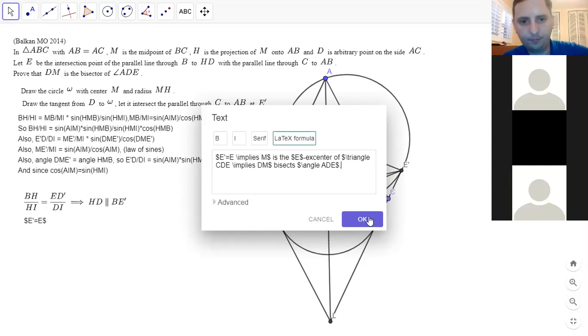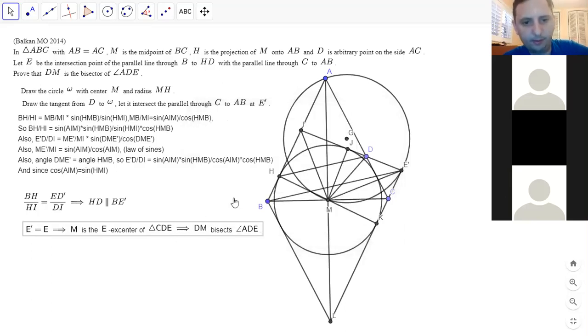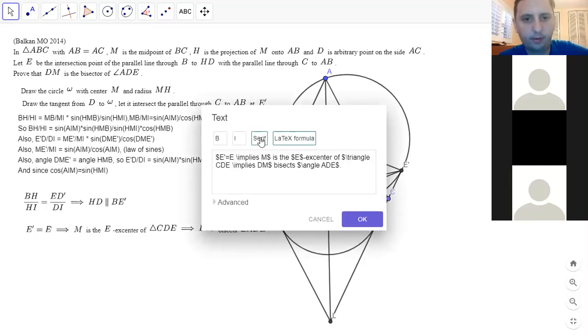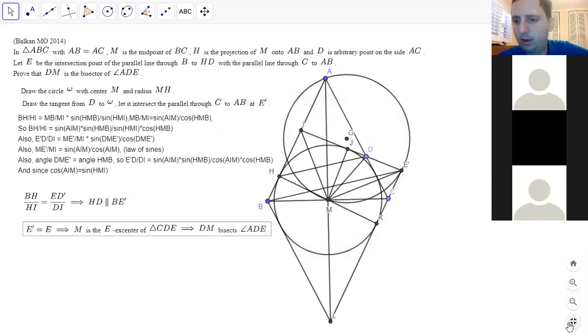All right. So we will come back to this if we have more time and see if we can find a synthetic solution. So I have 2 more problems left.